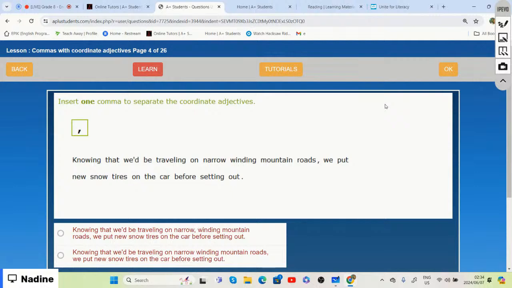All right, so we are going to insert one comma to separate the coordinate adjectives.